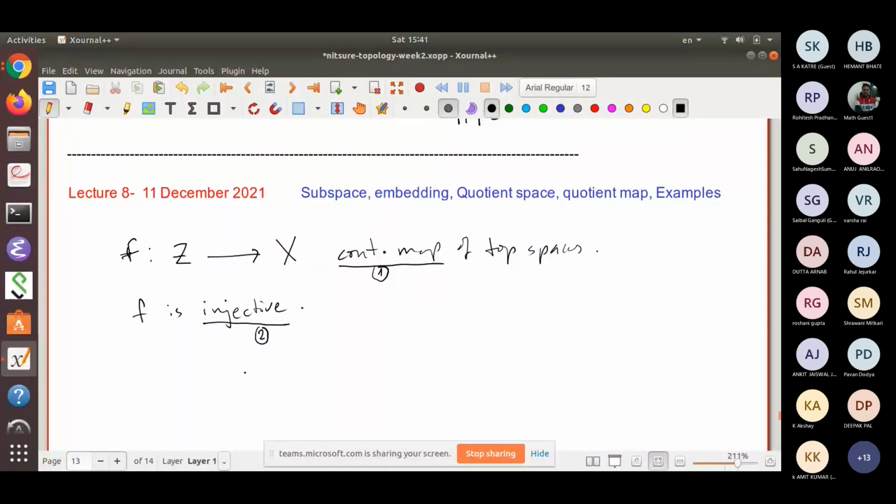Okay. Now let me pause at this point. Suppose I had two groups, a group G and a group H, and suppose it had those two properties. F is a homomorphism. These are groups. These are topological spaces.